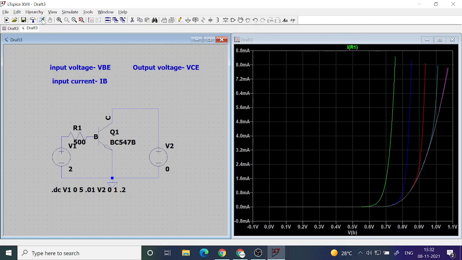Okay, so now you can see more clearly the variation that is happening, because after 1 volt there is hardly any variation. You can't see the variation, but here now you can see what is happening.